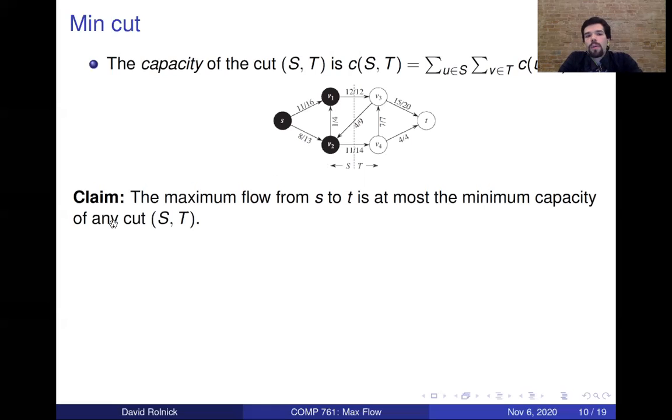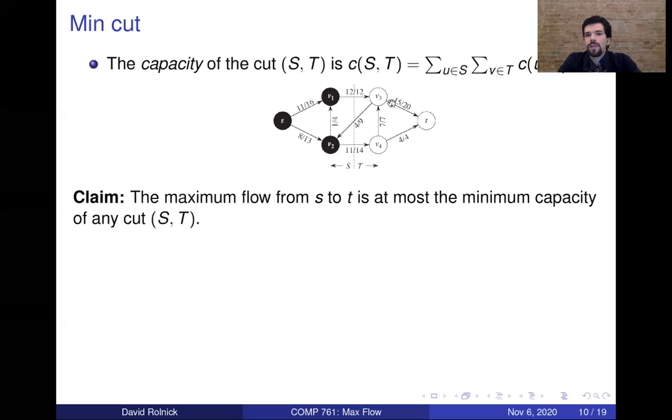So what do I mean by any cut? Well, there are many different ways to choose a cut. A cut is just any subdivision into an S and a T, where the source is in S and the sink is in T. So another cut would have been putting V3 in S. And then you could have looked at the capacity of this cut, which is these three edges. And then you would have 15 and 11 as the capacity of this cut.